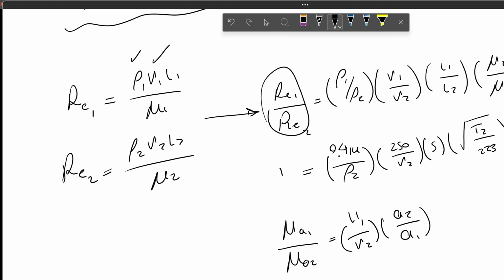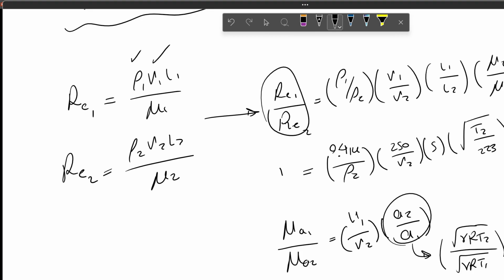We have the velocity, but we don't have any information about the speed of sound. What is the equation for the speed of sound? A equals the square root of gamma RT. So let's replace that with the square root of gamma R T2 over the square root of gamma R T1.